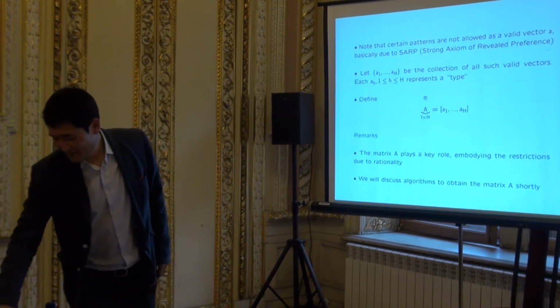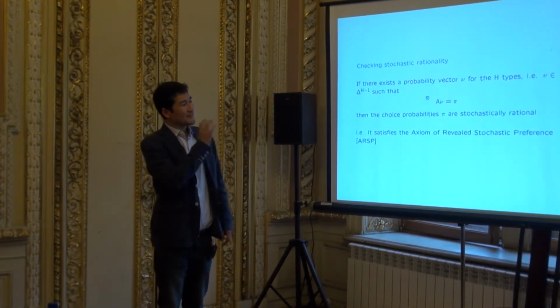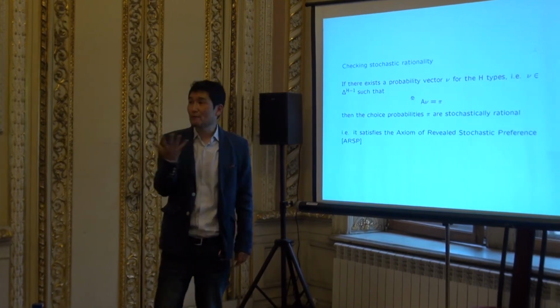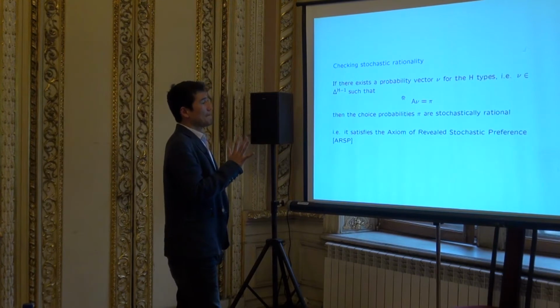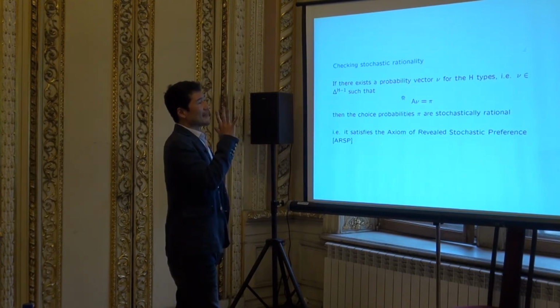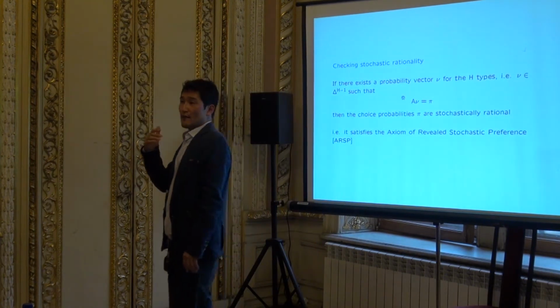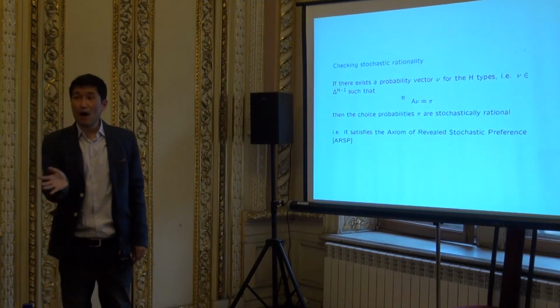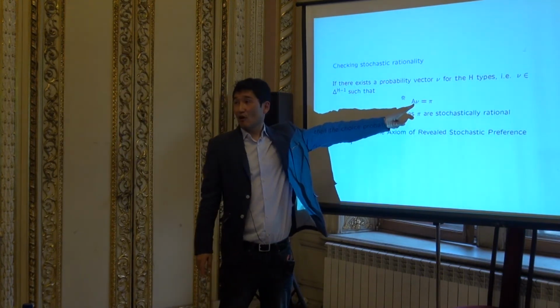But anyway, here's what McFadden and Richter said. They said the choice pattern pi is consistent with the rationality hypothesis if and only if this holds. So what is this?